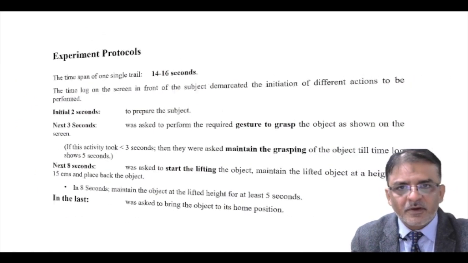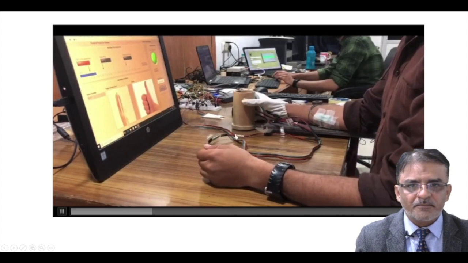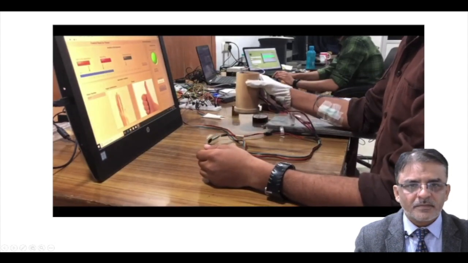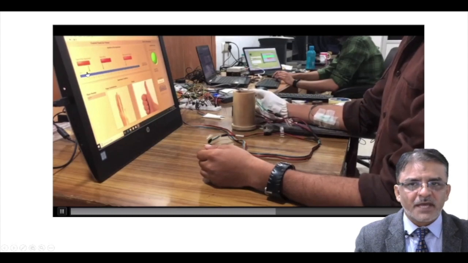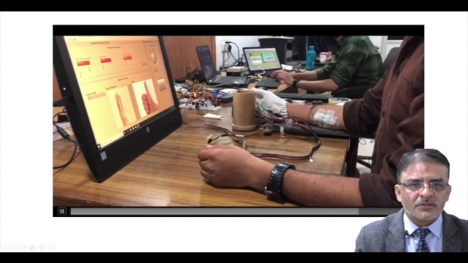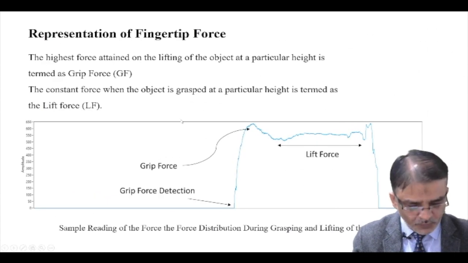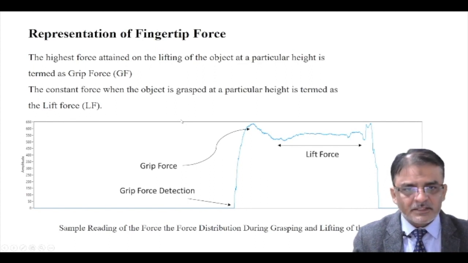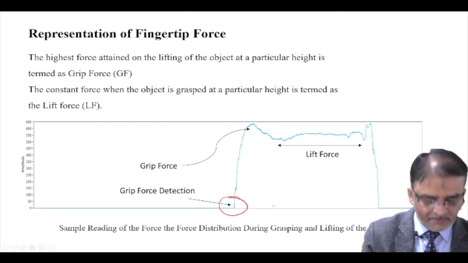Here is the crucial phenomenon that we found. First, this is just a display of the activity. Here the time was managed by this pattern. So this was the recording of one trial. When the force was recorded, what we see in the pattern here is a detection of the start of the gripping activity.